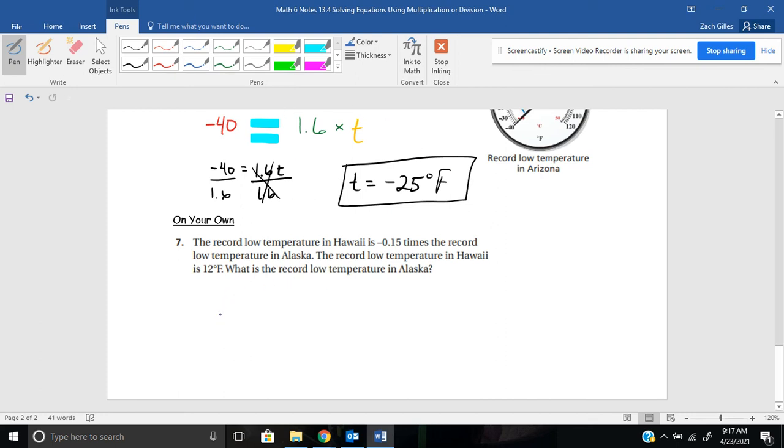And after you've solved for T, you should arrive at negative 80 degrees Fahrenheit. Which is, as you guys know, pretty cold. But again, we're talking about Alaska. That's a little bit further north than here.